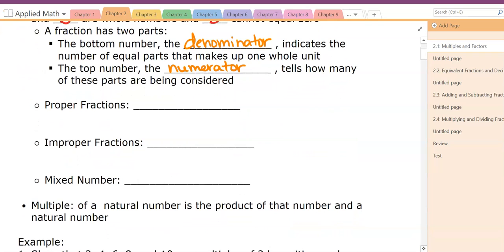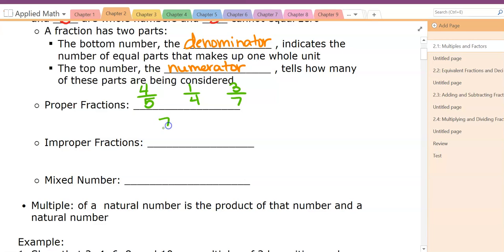Now there's different types of fractions that we can have. The best ones are proper. Those are written in what we consider to be the best form, because the number on top is smaller than the number on the bottom. So for example, 4/5 would be a proper fraction, 1/4, or 3/7. Improper fractions is when the number on the top is bigger than the number on the bottom.